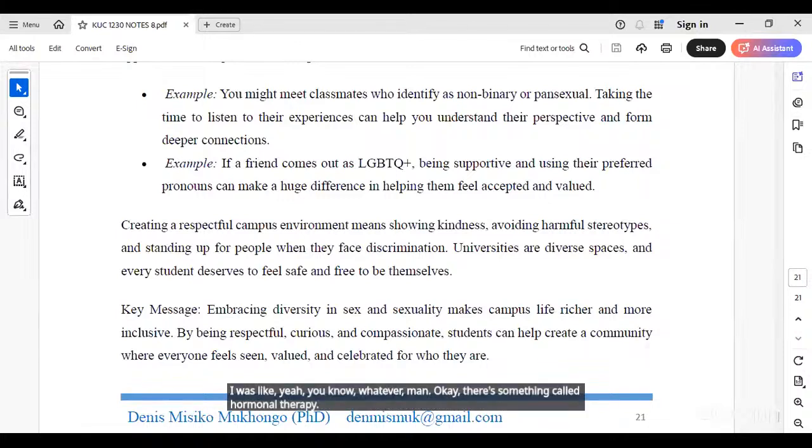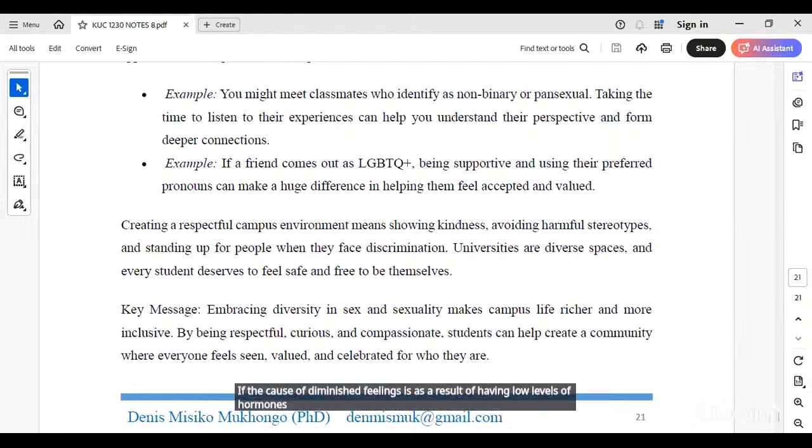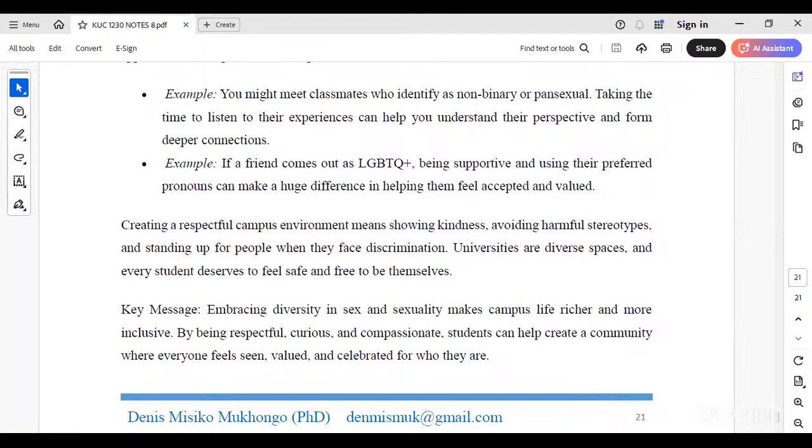If the cause of diminished feelings is a result of having low levels of hormones, then such a person can be helped to try the hormonal therapy so that the amount of hormones in her body increases. So hormonal therapy could help at that point.